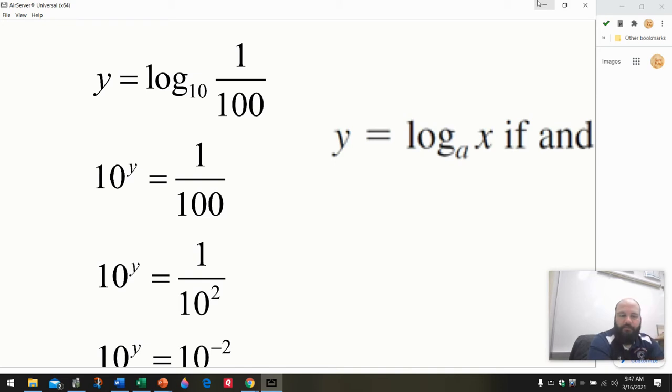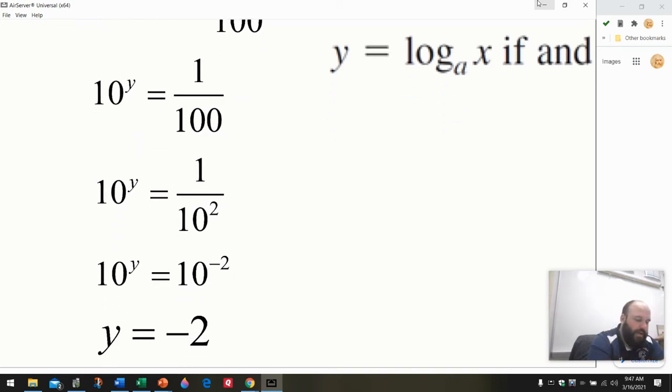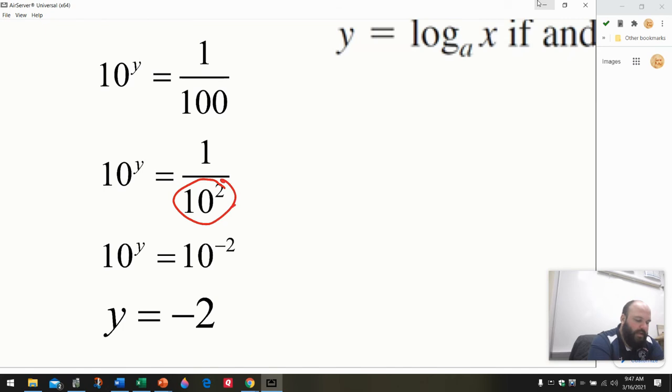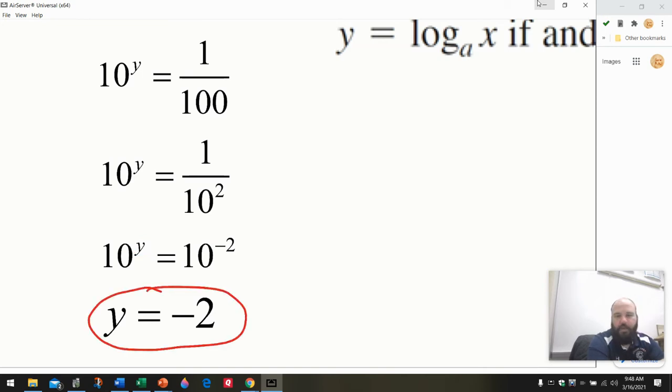So it's at the top of that fraction. So when we bring this 10 to the second up, it becomes 10 to the negative 2 power because we brought it from the bottom of a fraction up. Now that we have the bases the same, they're both 10s, we can set their powers equal, y and negative 2. So y is equal to negative 2, and that is your final answer for that one.